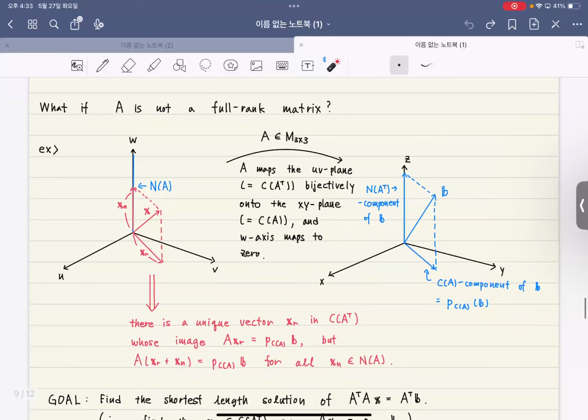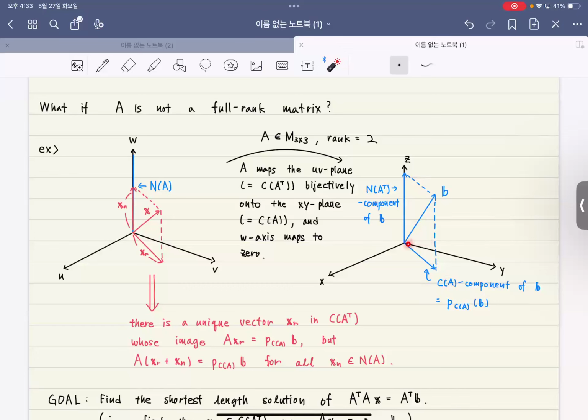What if A is not a full length matrix? Now suppose that A is a 3x3 matrix, but whose rank is 2. Let me say that the UV plane is the row space, and the XY plane is the column space.